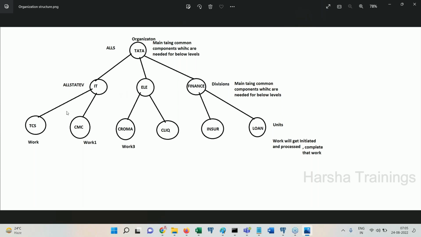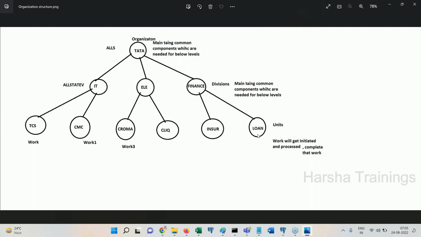Under each division, there can be one or more units. Under the information technology division, you have Tata Consultancy Services, CMC, and under electronics, Chroma, Click. It can be considered as retail even. And under finance, you have the insurance related business Tata, and Tata finance loans related business. Like this, there are many different units available.